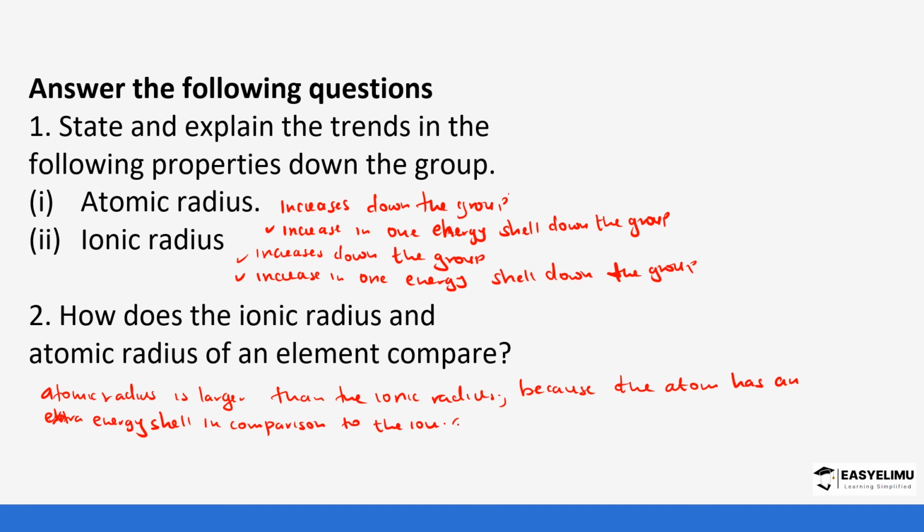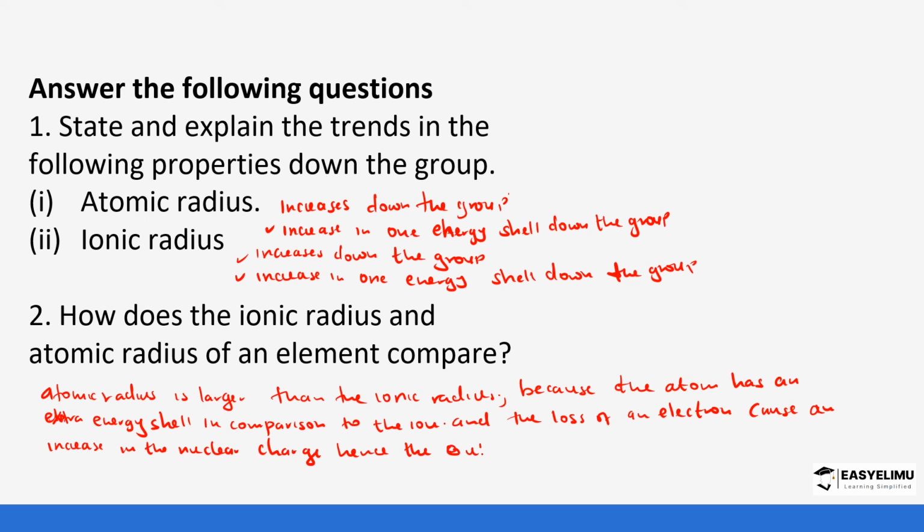And we talked about the loss and the effect on the nuclear charge: the loss of an electron causes an increase in the nuclear charge, hence the outermost electrons are attracted strongly.